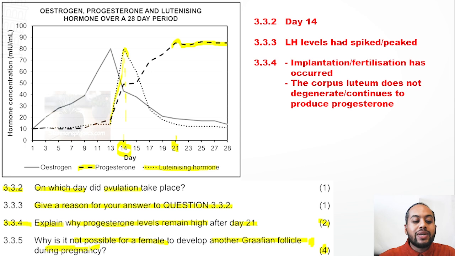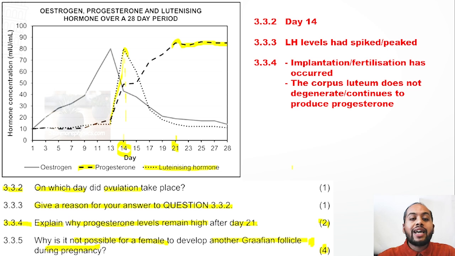Emphasis on during pregnancy. If pregnancy has occurred, then firstly the corpus luteum will remain in size. The endometrium lining is going to remain thick, and progesterone levels will remain high. If your progesterone levels remain high, it's going to inhibit the pituitary gland from releasing follicle-stimulating hormone.